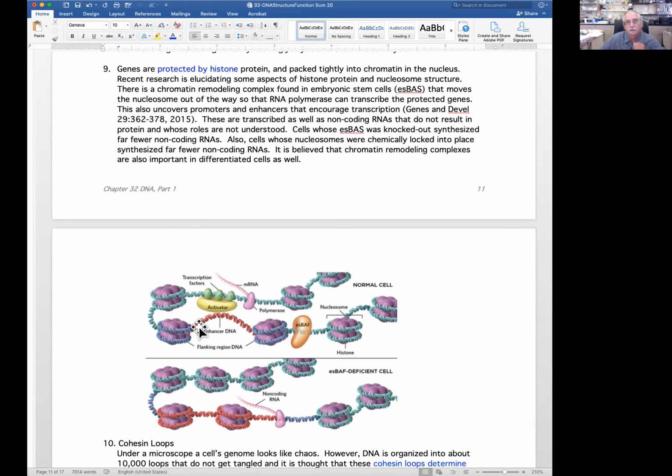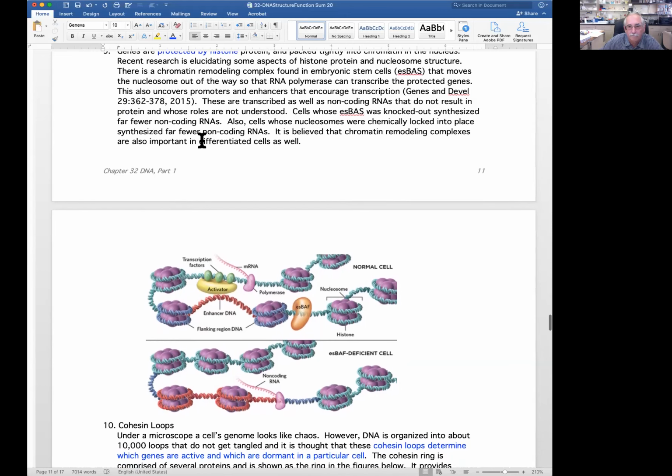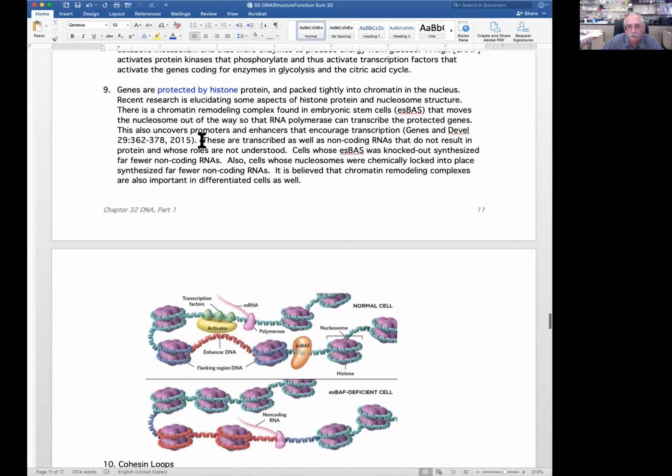So we have certain proteins that are known about that produce these non-coding RNAs. That means that they don't produce proteins, right? So remodeling complexes, that's something that should be known.